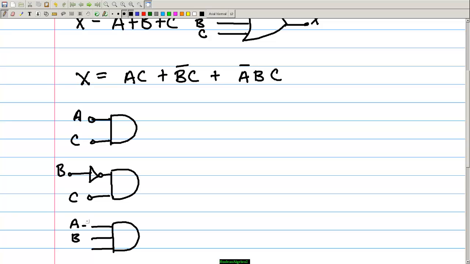So there's an inverter here, and this is C. And these all feed into a 3-input OR gate. So this would come down here.